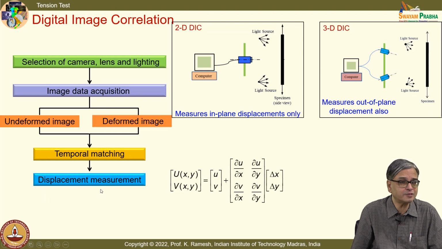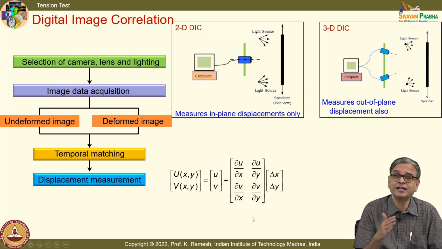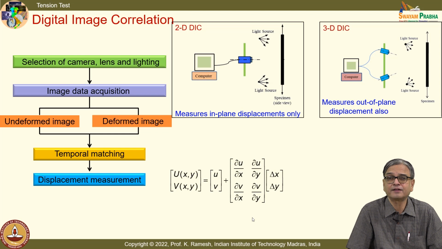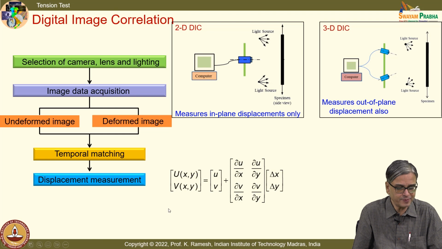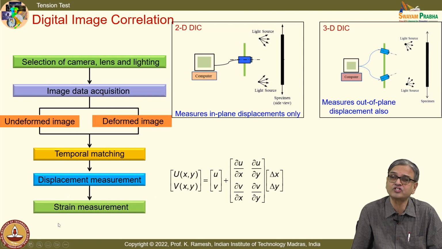While I find out the displacement, I not only find out u and v components, but I also try to find out dou u by dou x, dou u by dou y, dou v by dou x, and dou v by dou y. I also try to measure the gradients. Why do I try to measure the gradients? With these gradients, I can find out the strain components later. Fine. So, I have the displacement measurement. From this information, I post process, I get the strain measurement.